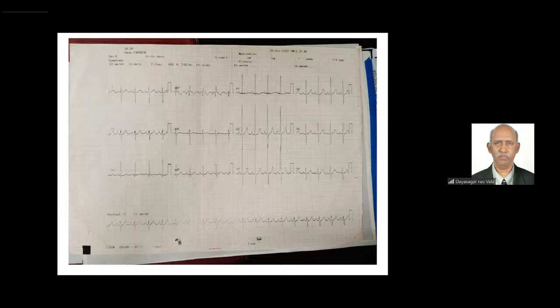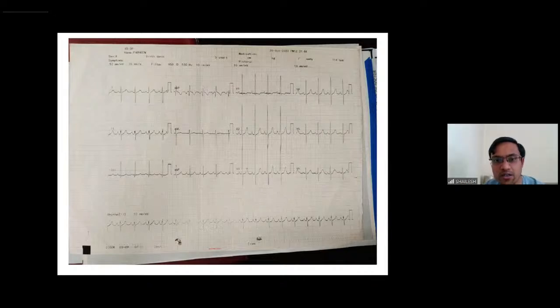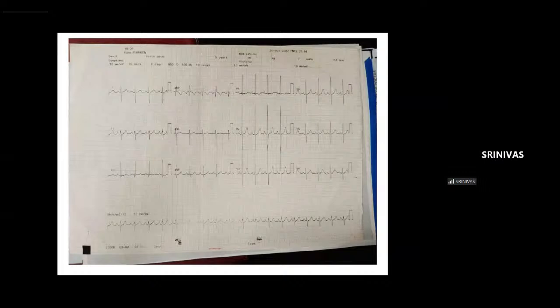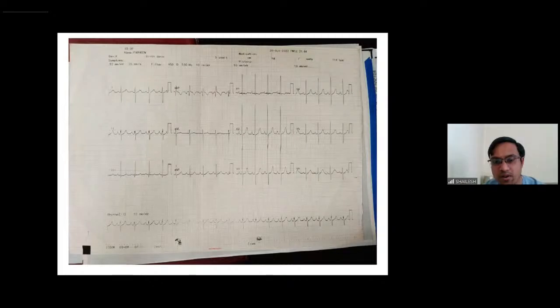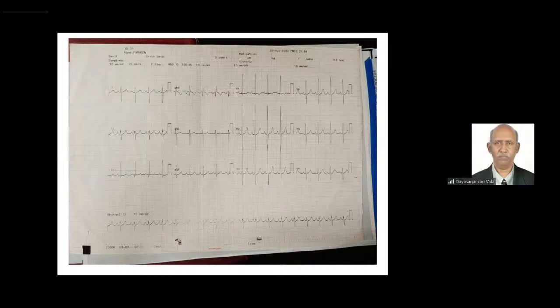In ostium primum ASD, what is the QRS like? Counterclockwise loop will be present, sir. Axis? Axis will be left axis, sir. Left axis means you have to define. How much is the left axis? Around minus 45 to minus 60 degrees, sir. Okay. So why does that happen?